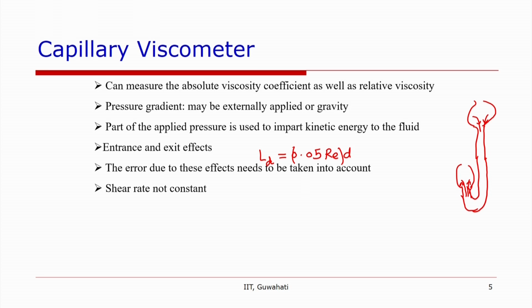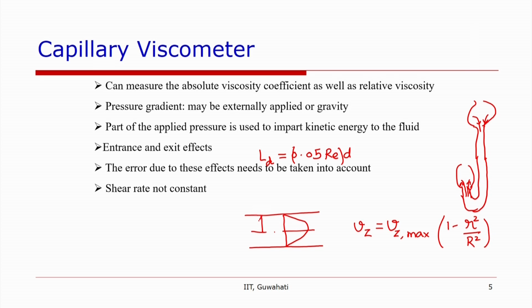Another important point here is that, as we said earlier, in a capillary the velocity profile is parabolic. As you might remember, Vz is equal to Vz max times 1 minus r square by capital R square, where capital R is the radius of the channel and r is any arbitrary radial coordinate.